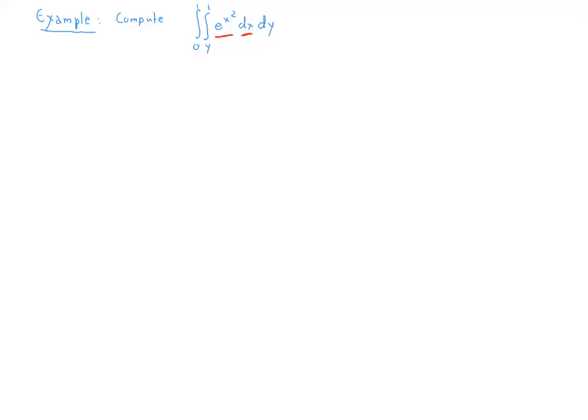Of course, an antiderivative of e to the x squared exists, because there are infinitely many of them. But you cannot have a simple formula for it, which makes the task of computing this integral impossible.